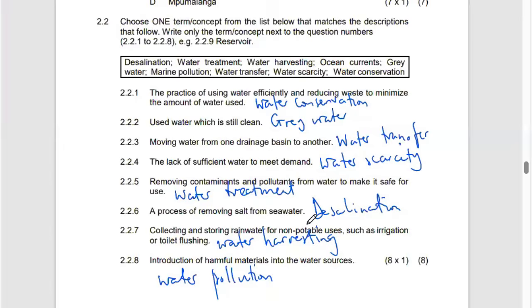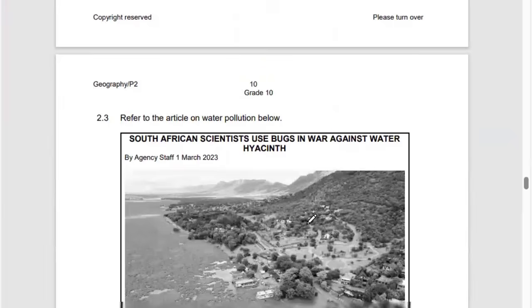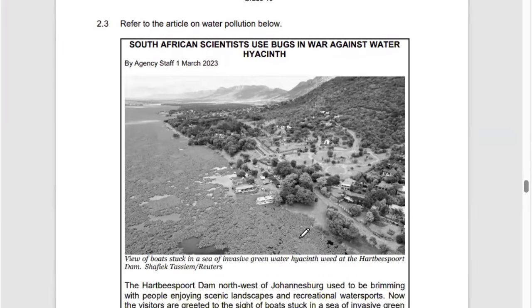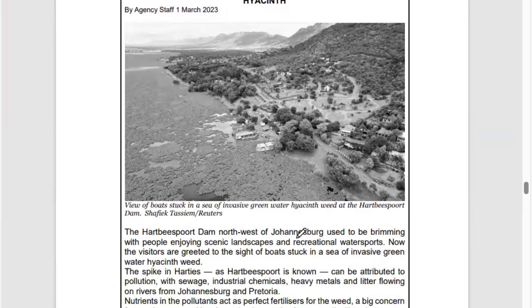Right, that was our question number 2.2. Move on to the next question. Refer to the article on water pollution below. South African scientists use bugs in war against water hyacinth. Right. So the situation of water infestation by some invading plants, which is called the water hyacinth.